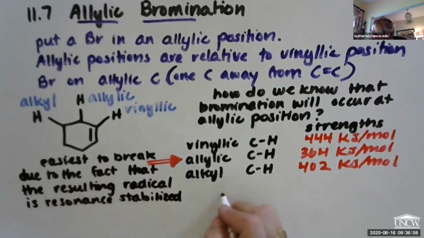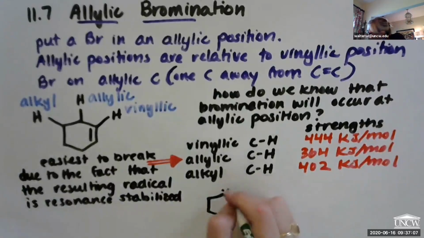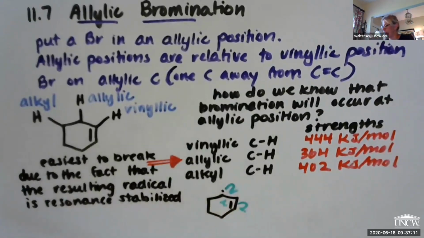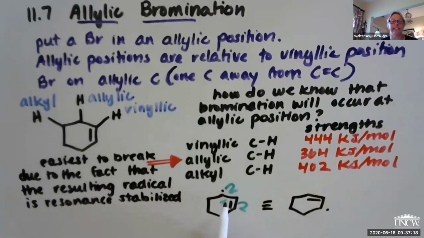Okay, so if you make an allylic radical, then you can stabilize it through resonance. If you can stabilize something through resonance, it means the original process is easy to do.